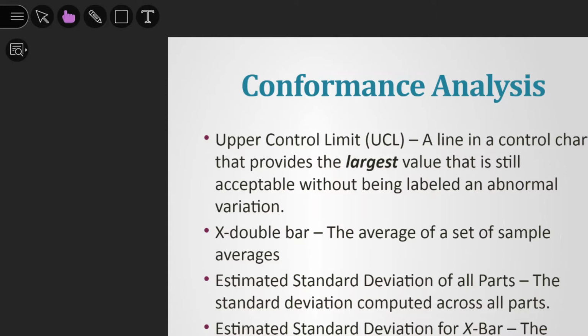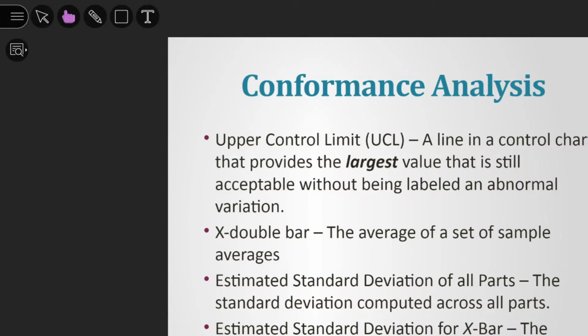But in order to figure out what UCL and LCL are, we know how to calculate x double bar, the average of all averages. To get UCL and LCL, we need a couple more parameters.